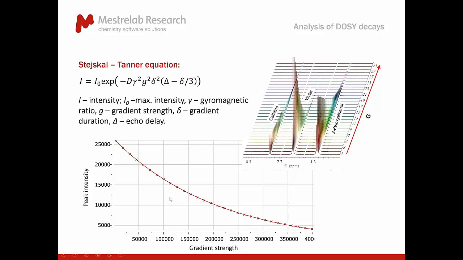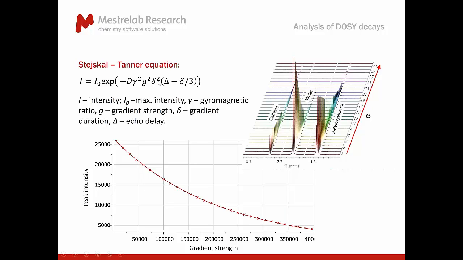Usually it is an exponential decay, and it can be described by an equation like this one. Looking at this equation, it's pretty simple to understand. D is the diffusion coefficient, so the faster the molecule moves, the faster the decay. So you can see that water moves faster than the caffeine molecule in this case, even straightforwardly. You can see it from here.